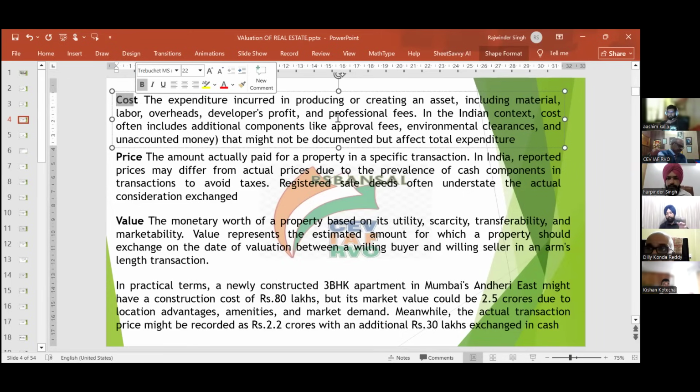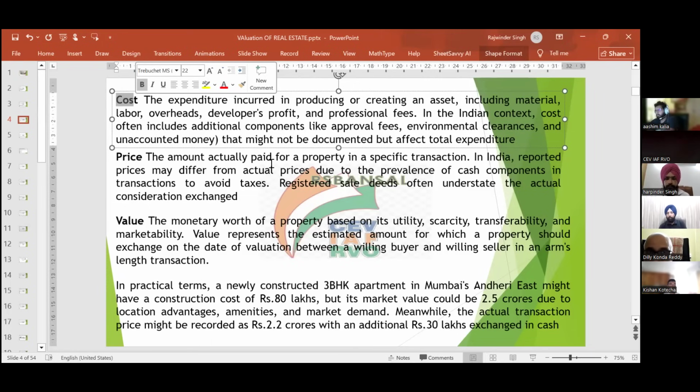So this is cost. Cost means how much amount you have to spend on constructing a building in case of real estate, and in case of plant and machinery, in manufacturing or building a machine. That is cost. And next is price.